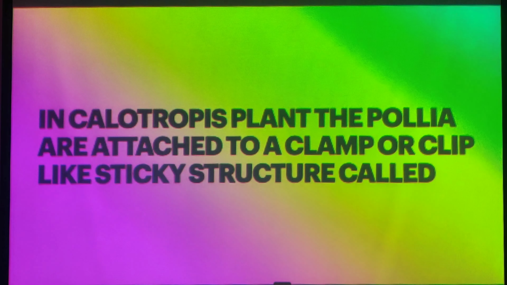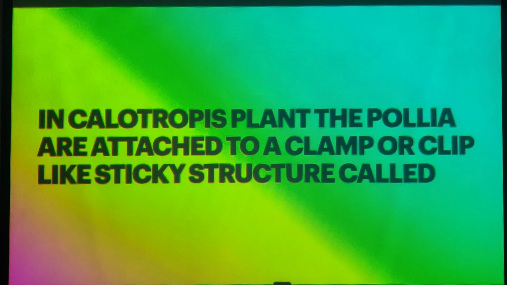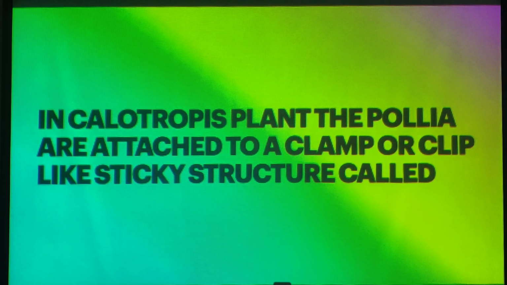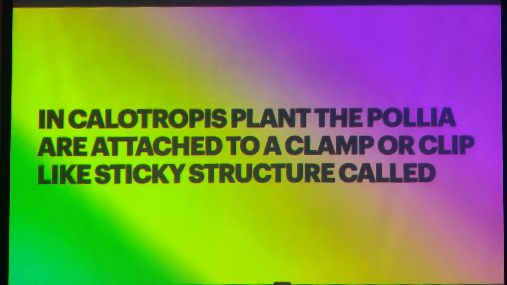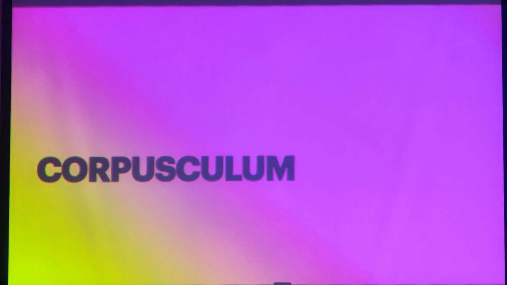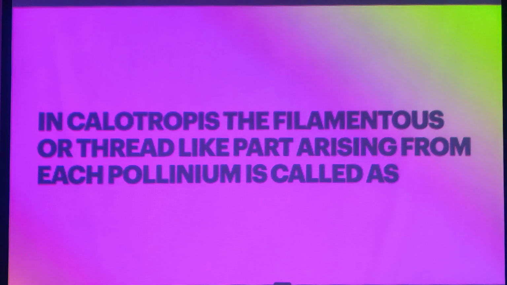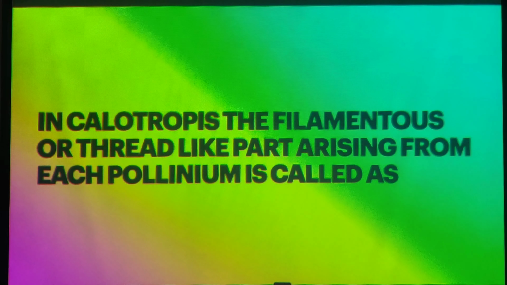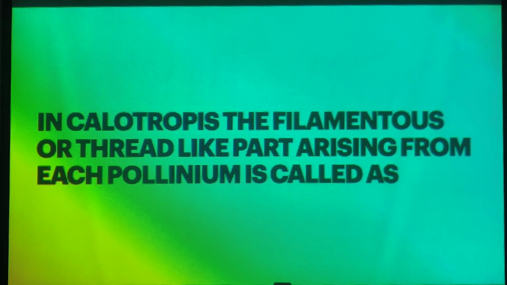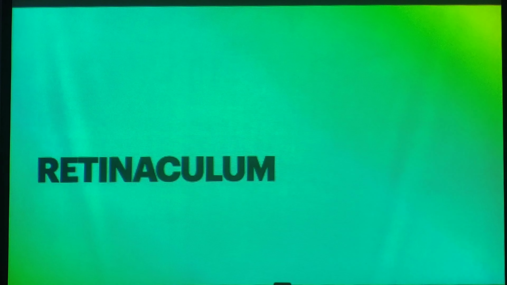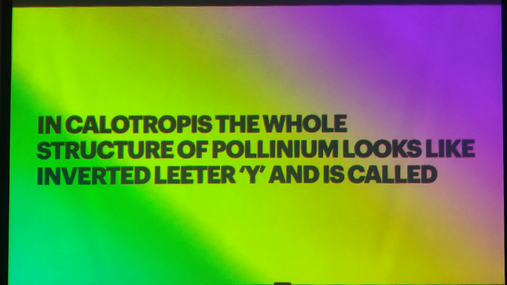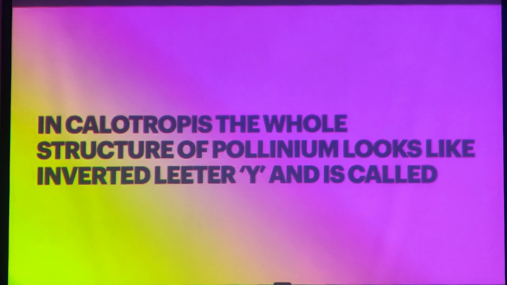In Calotropis, the pollinia are attached to a clamp or clip-like sticky structure called corpusculum.